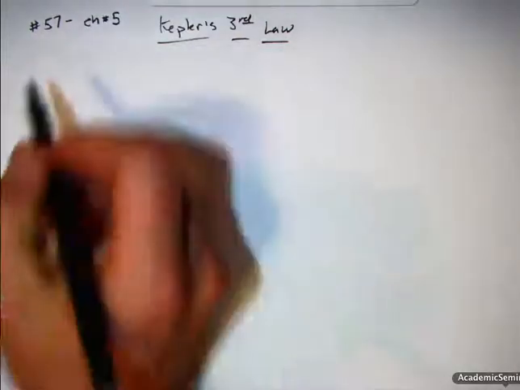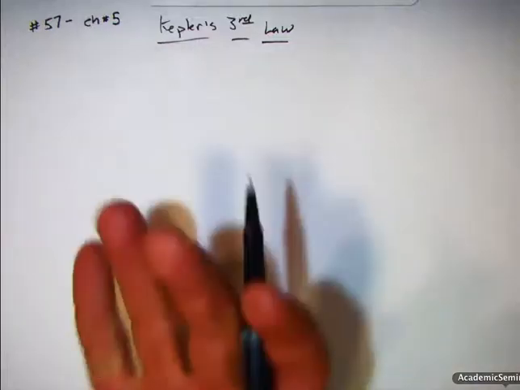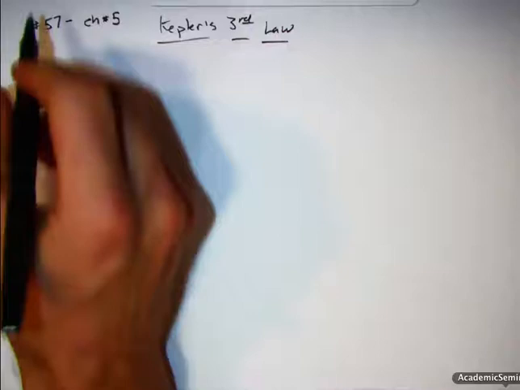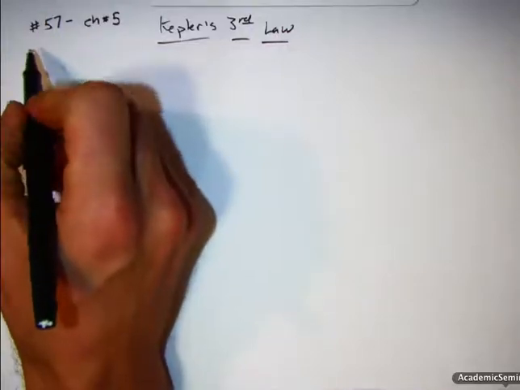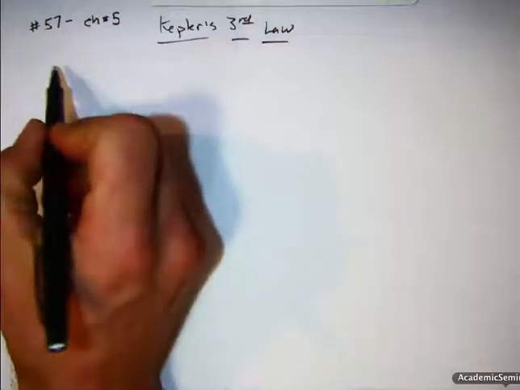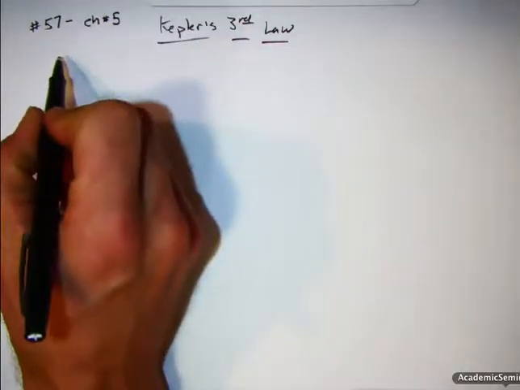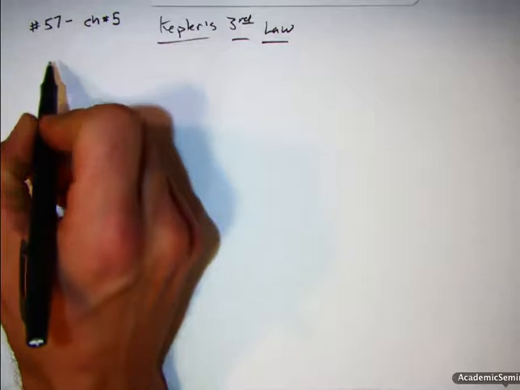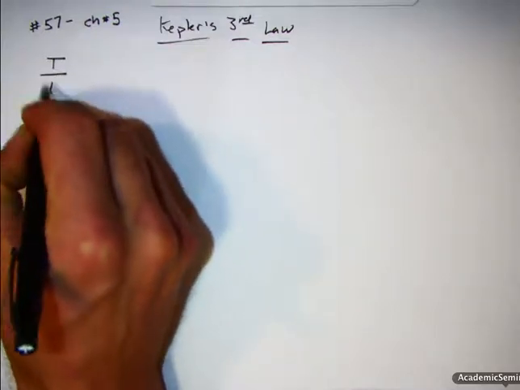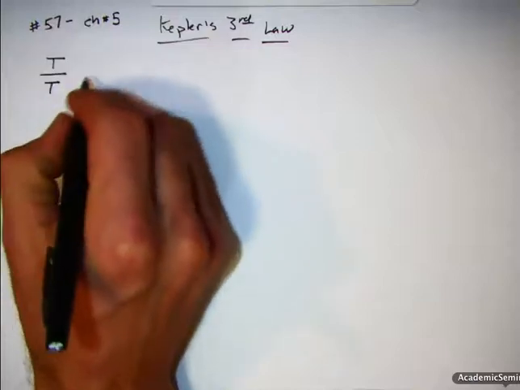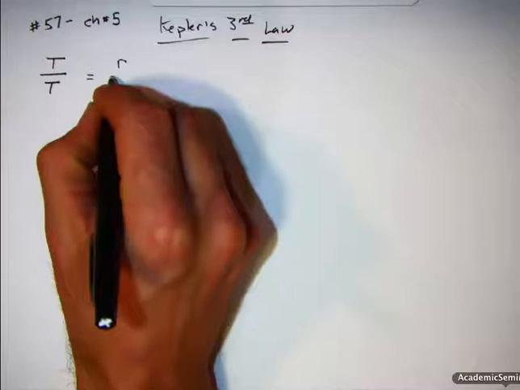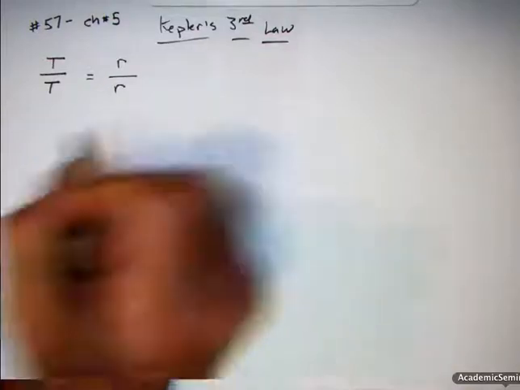And of course, Kepler's third law states that for any two objects in the universe, in this case we are going to be comparing this asteroid Icarus and the Earth, but for any two objects that are orbiting the sun, the ratio of their periods squared is equal to their mean distance from the sun cubed.